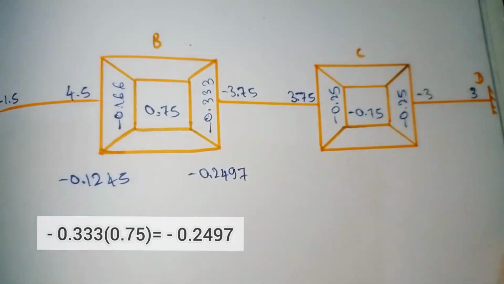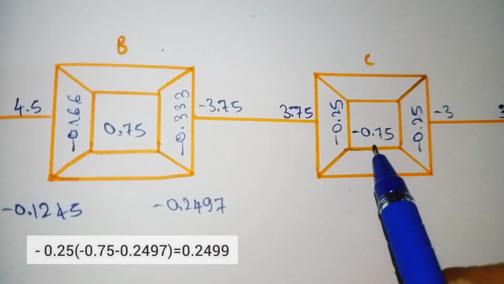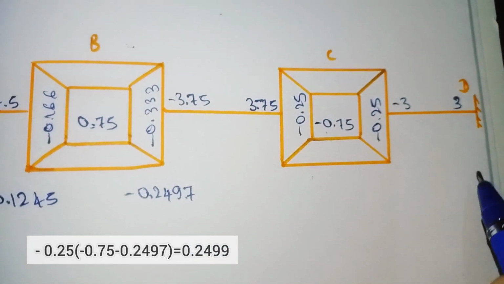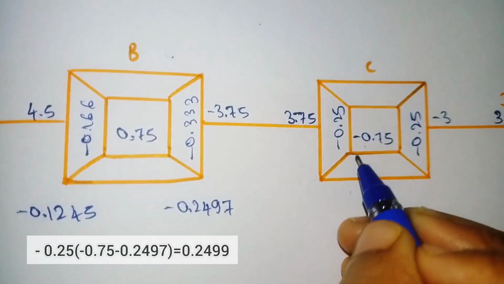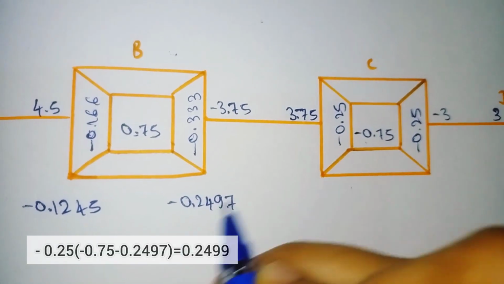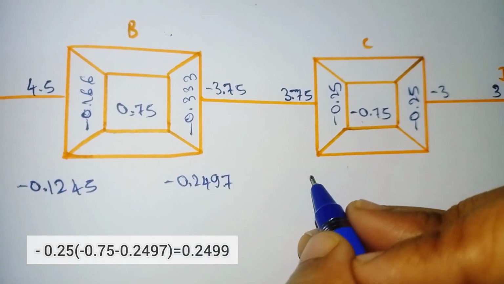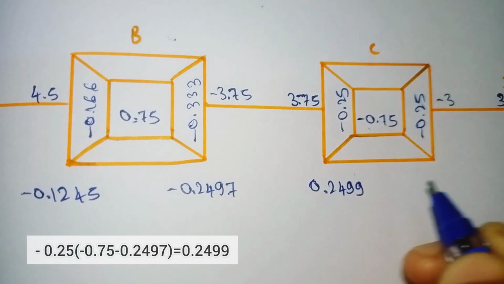Now for CB, add this one into this one plus this one, and here is 0. So minus 0.25 into minus 0.75 minus 0.2497. If you do, it will come out as 0.2499.